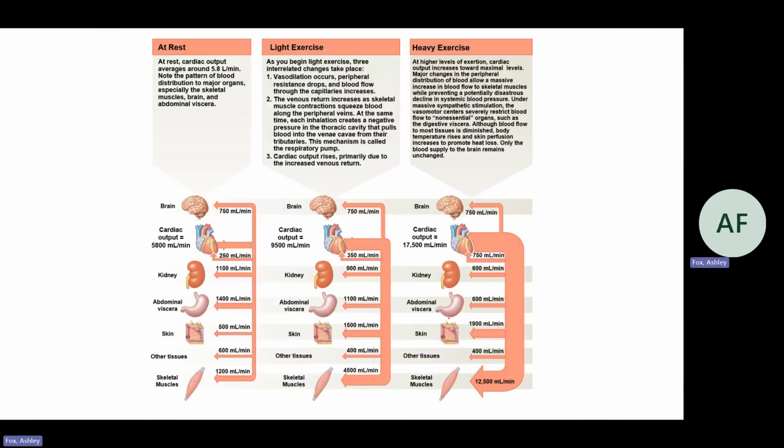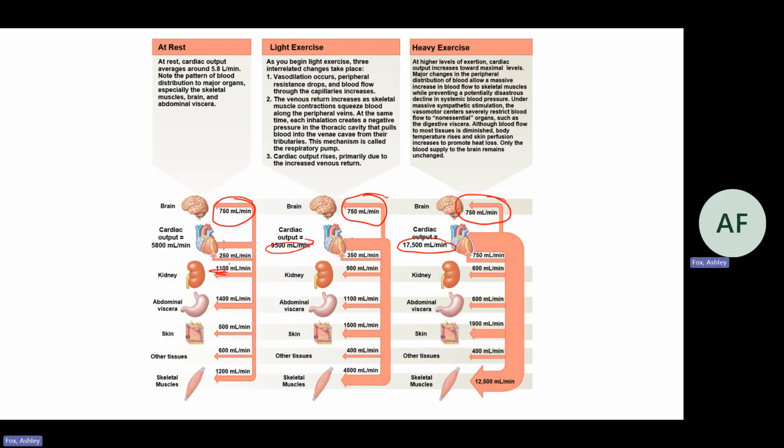So this is just looking at, again, at rest. Notice how the brain, you're always going to have the same blood supply. No matter what you're doing, your brain cannot be cut off. Doesn't care. It's always getting the same amount. If you're exercising some, the heart is going to take more because it's beating faster and it needs more blood supply. It's a muscle as well. If you're resting and digesting, more blood flow to the kidneys.